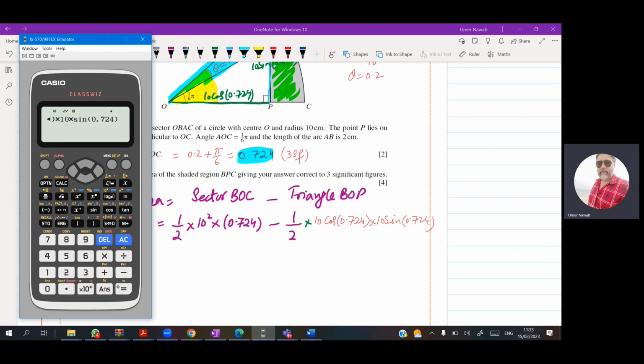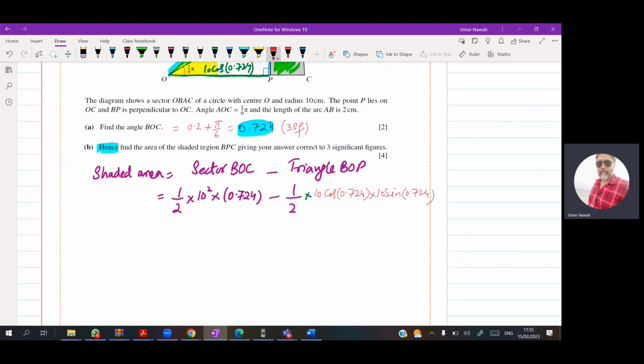Is your calculator in radian mode? Yes. I wrote everything on my calculator display. Here you go, I'm going to get my answer 11.4 centimeters squared, to three significant figures.